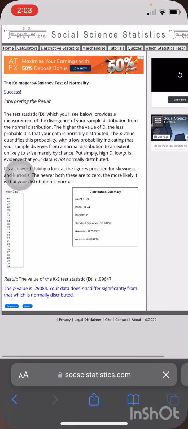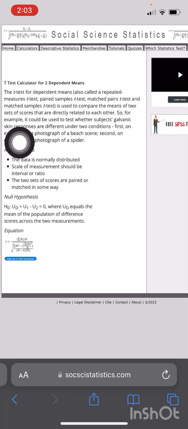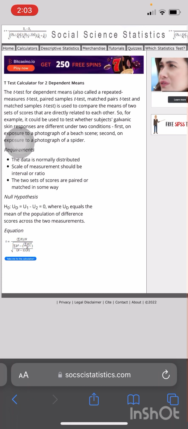If we know our two data sets are normal, we will proceed to the next step, the t-test calculator for two dependent means. The t-test for dependent means is also called a repeated measures t-test, paired samples t-test, matched pairs t-test, and matched samples t-test.